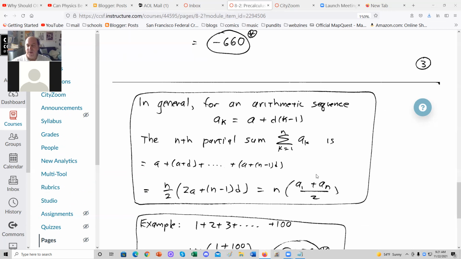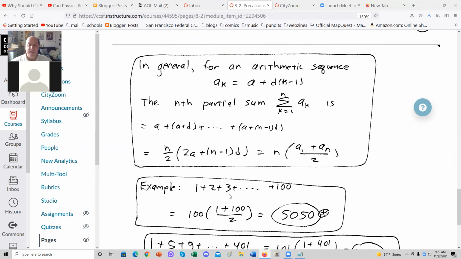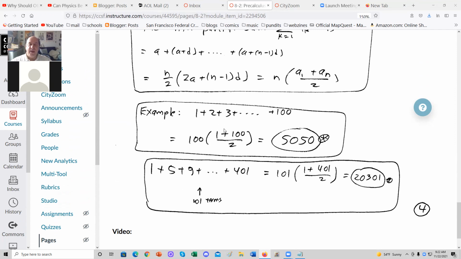In other words, the average term. So it's the number of terms times the average term. If you plug in this expression for an, you get n over 2 times 2a plus n minus 1 d, whatever. Now here we have a classic sequence of that sort. Add the numbers from 1 up to 100.